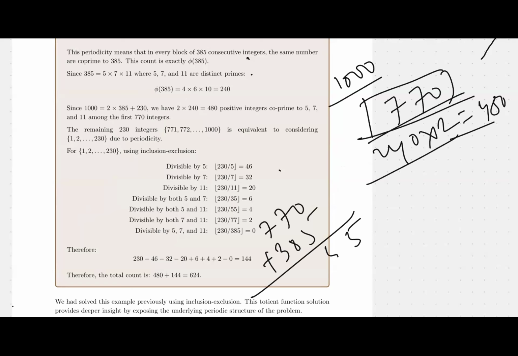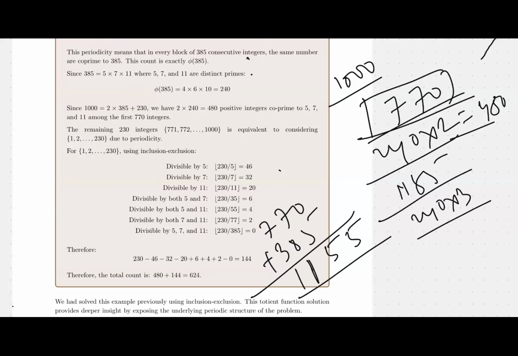So now we know that in 1155, 240 times 3 are the numbers which are co-prime. But now we have to subtract all the numbers between 1001 and this which are divisible by 5, 7 or 11.